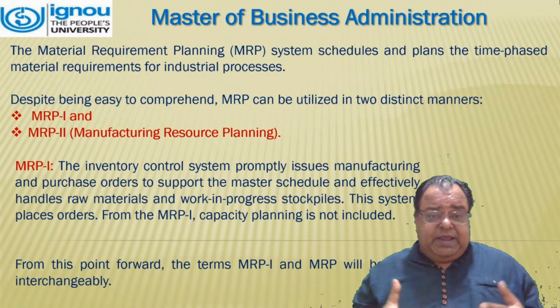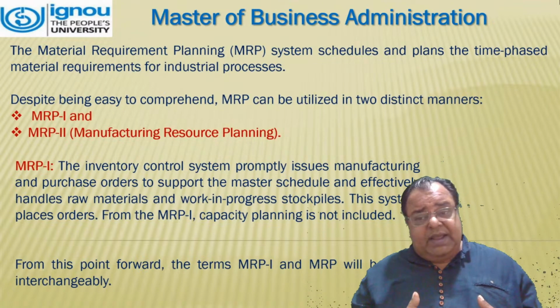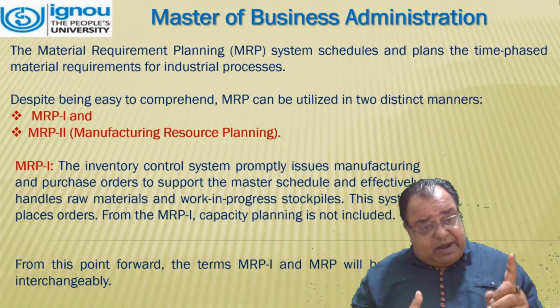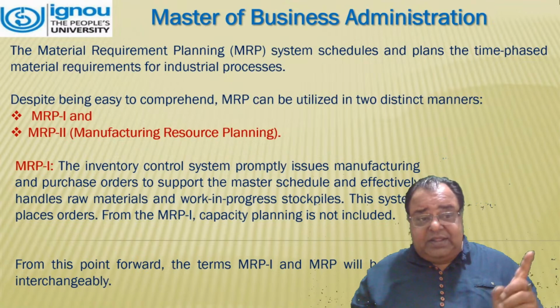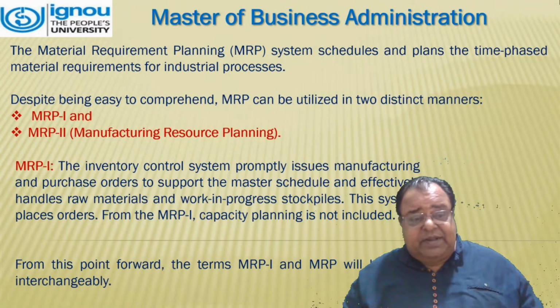Despite being easy to comprehend, MRP can be utilized in two distinct manners, that is MRP1 and MRP2, that is manufacturing resource planning. First one is material requirement planning. Now we will see what this MRP1 is.